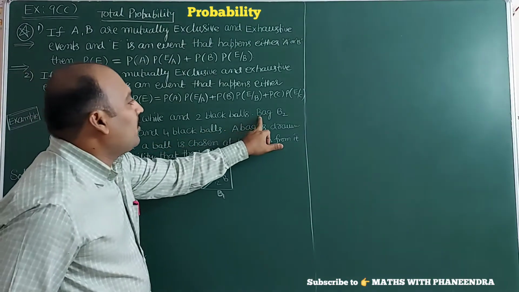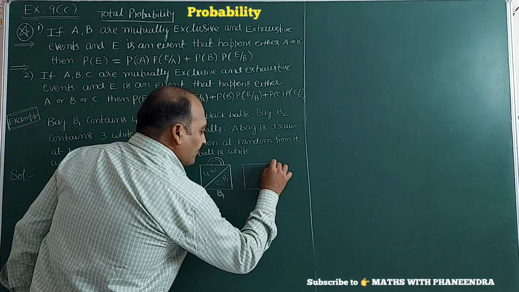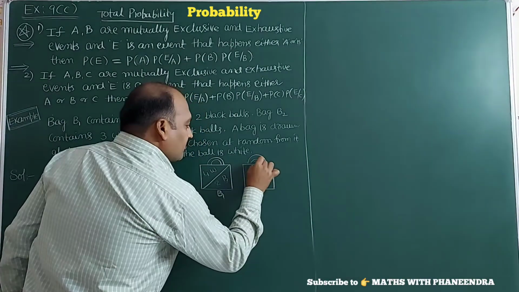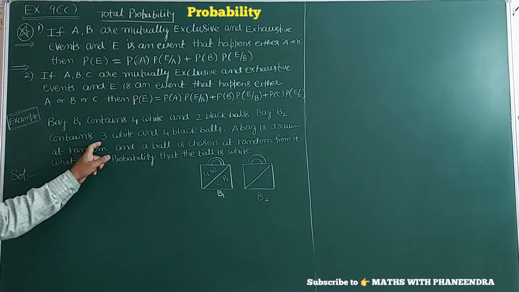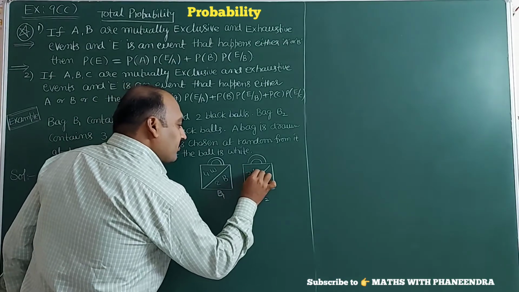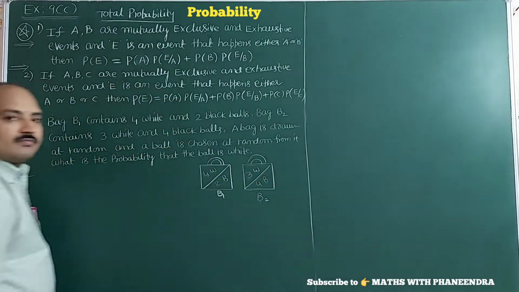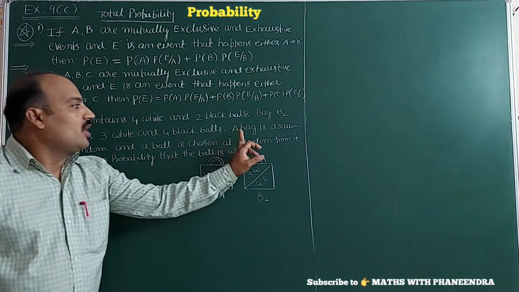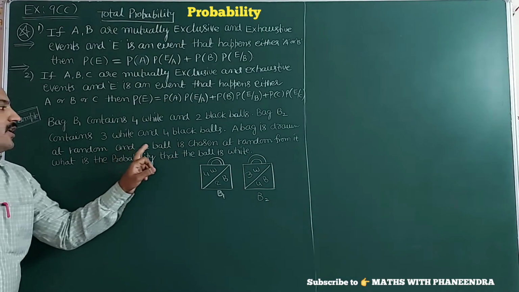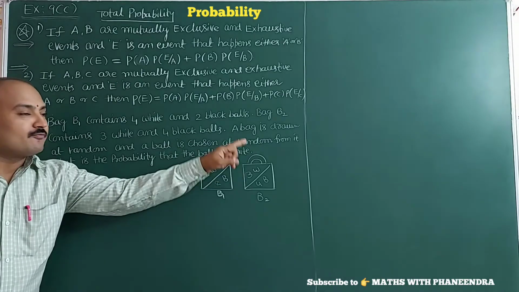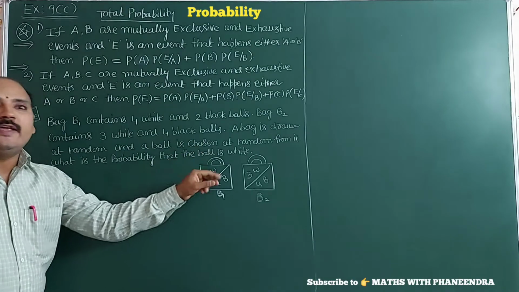And bag 2 contains 3 white and 4 black balls. A bag is drawn at random and a ball is chosen at random from it. What is the probability that the ball is white?